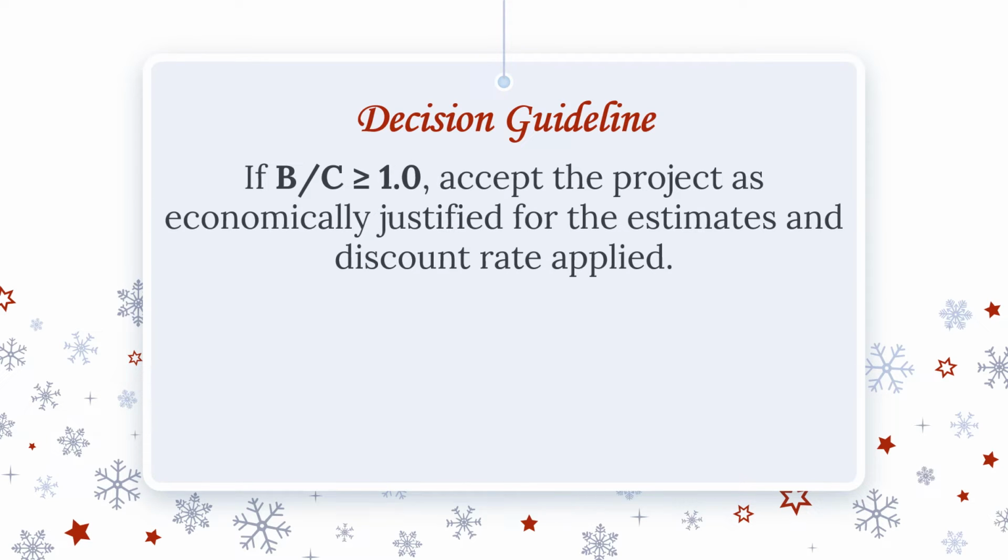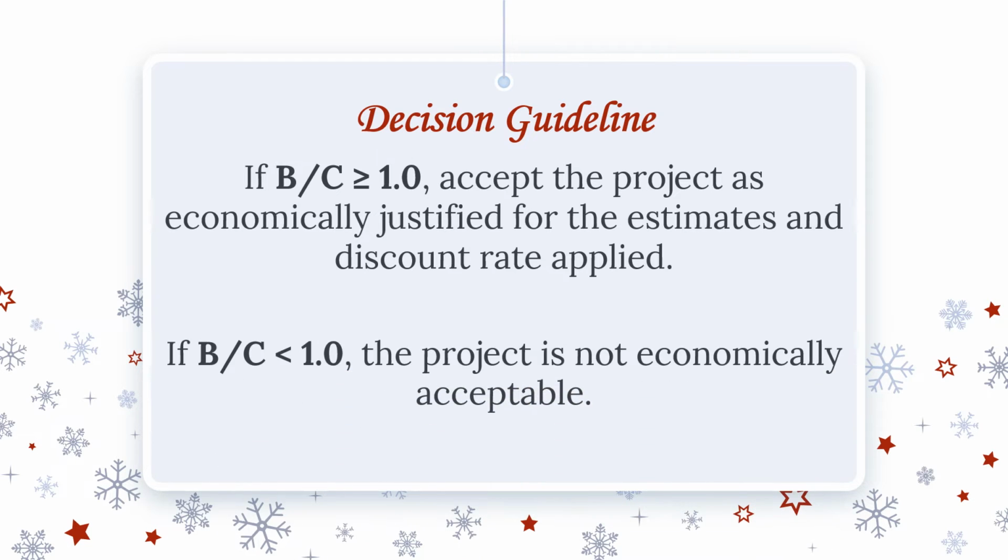If the benefit cost ratio is greater than or equal to 1, then that would mean that we will accept the project as economically justified. However, if it is lesser than 1, then the project is not economically acceptable. So that is just its criteria. Greater than or equal to 1, it is economically acceptable. But if it is lesser, then the project is not acceptable.